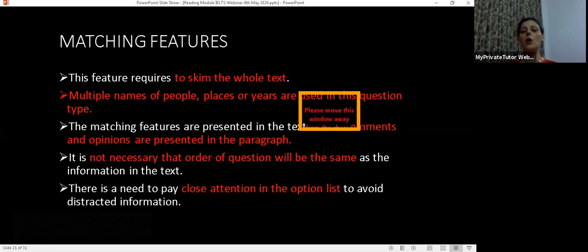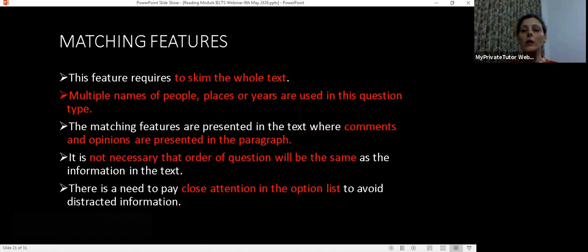It is not necessary that the questions follow the same order as the text. You have to figure it out. Maybe the first question's answer is in the middle of the passage, and the second is at the top of the passage. So it's not going to be in sequence.